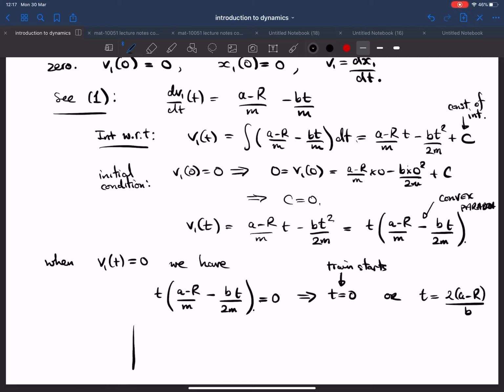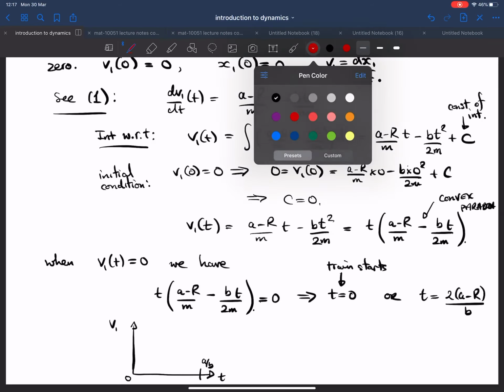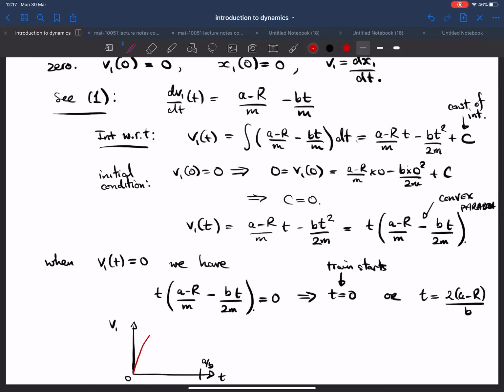This is our v1, this is t, this is a over b, this is 0. The parabola looks something like this, with a peak value here. Clearly here we have a max speed.